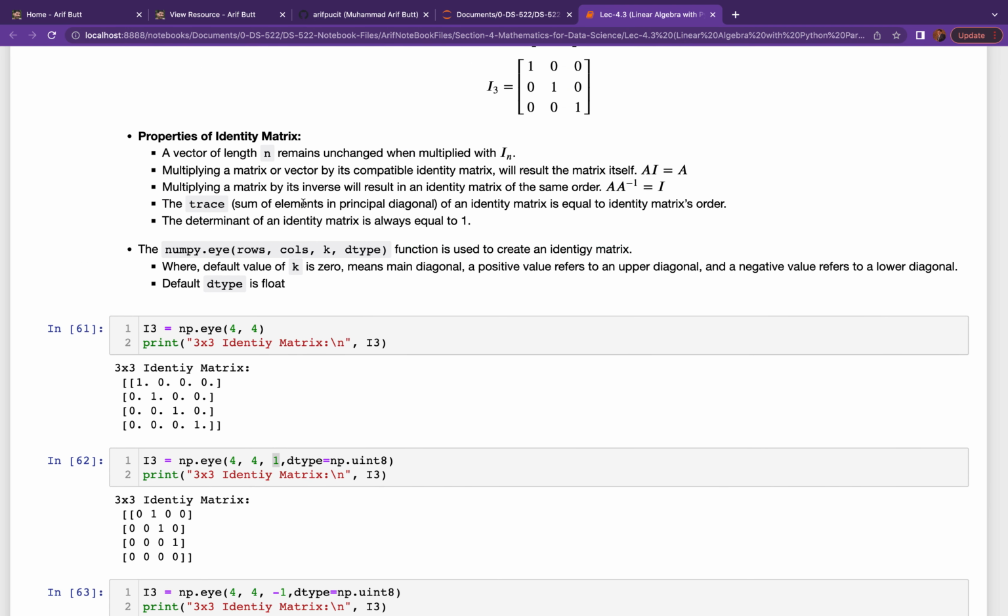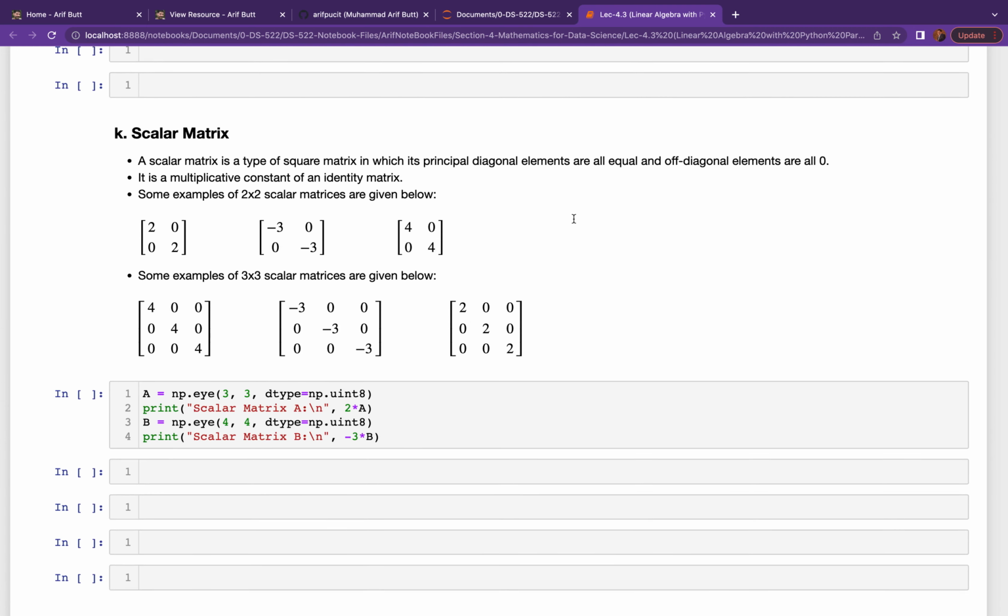Please do go through the properties of the identity matrix. If you multiply a matrix with its corresponding identity matrix, you get the same matrix. And if you multiply a matrix with its inverse, you get the identity matrix, and so on.